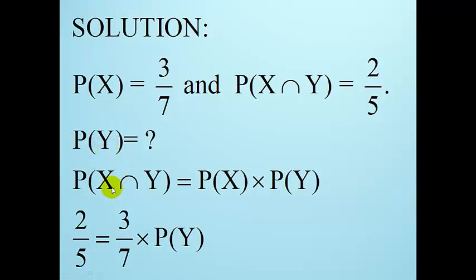Now for independent events, probability of X intersection Y is equal to probability of X times probability of Y. Probability of X intersection Y equals 2/5. So by substitution, we have 2/5 equals 3/7 times probability of Y, which is what we are calculating for.